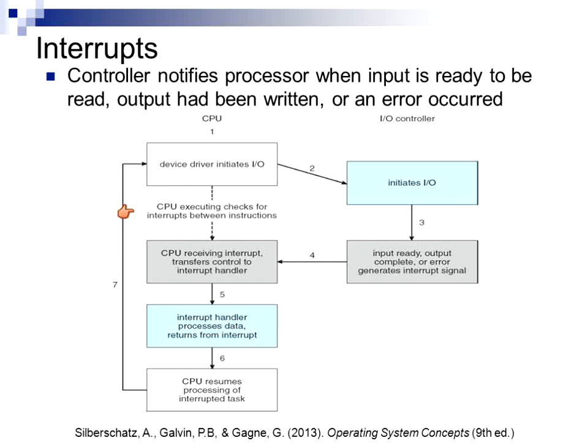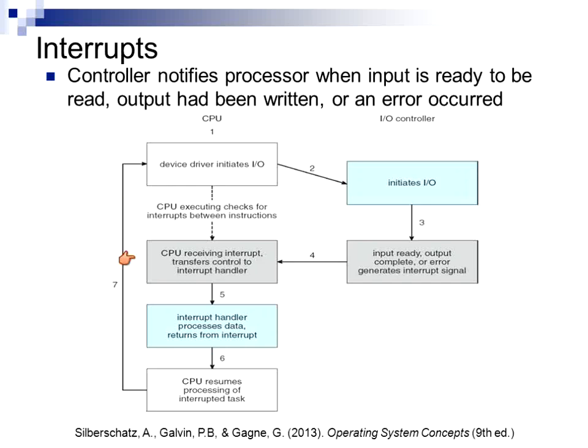So the interrupt request line is actually a wire. So it's going to get a signal on that wire when an interrupt happens. So it's more efficient than polling, which has to go out and look and look and look. Here, it's just going to get the interrupt.